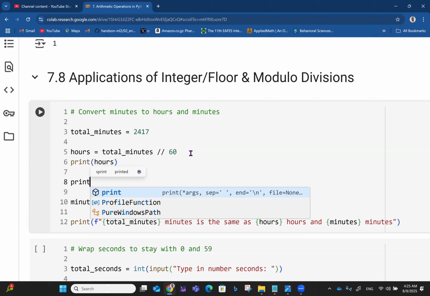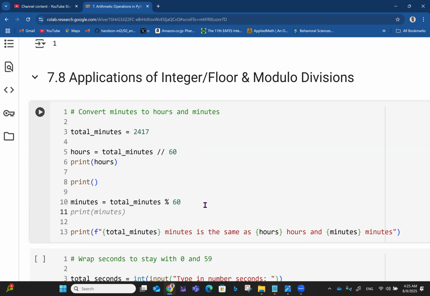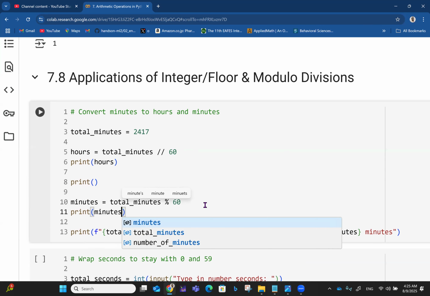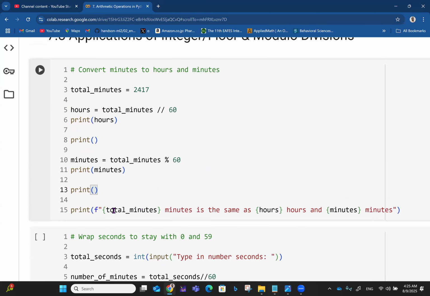Then I can use a blank print in between. Then I want to print minutes. It's giving me the suggestion already. Then I do a blank print in between to separate the answers. Then I can now do an overall one, total minutes. This is also using the f-string printing we learned in a previous video.